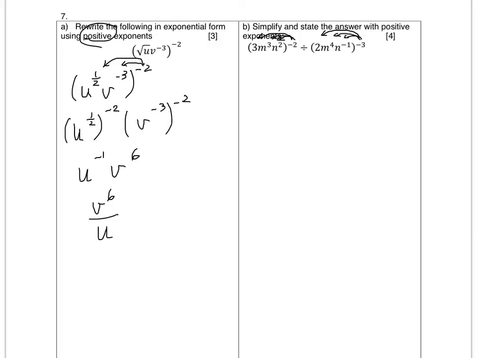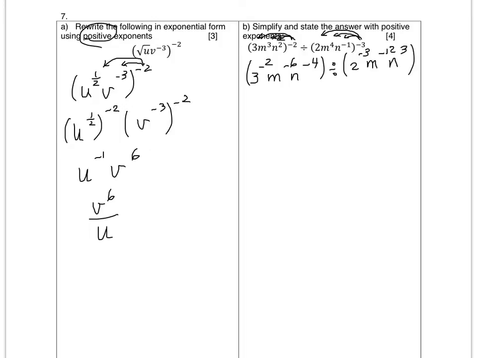So I'm going to get 3 exponent negative 2, m exponent 3 times negative 2, you multiply, so you get negative 6, n exponent 2 times negative 2 gives you negative 4, divided by 2 exponent negative 3, m exponent 4 times negative 3 is negative 12, n exponent positive 3.